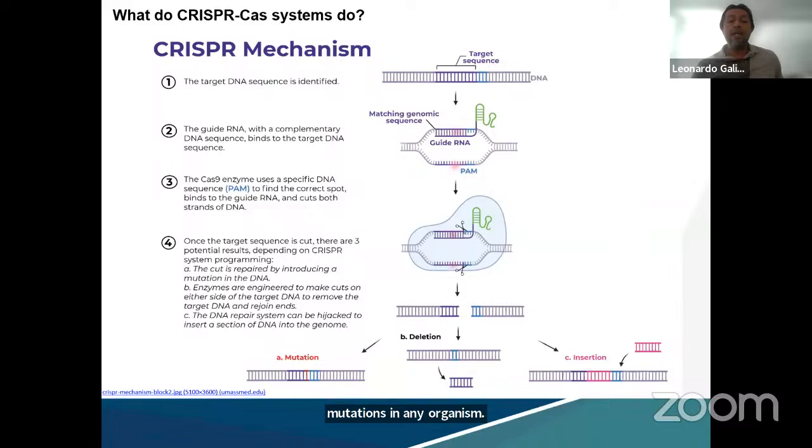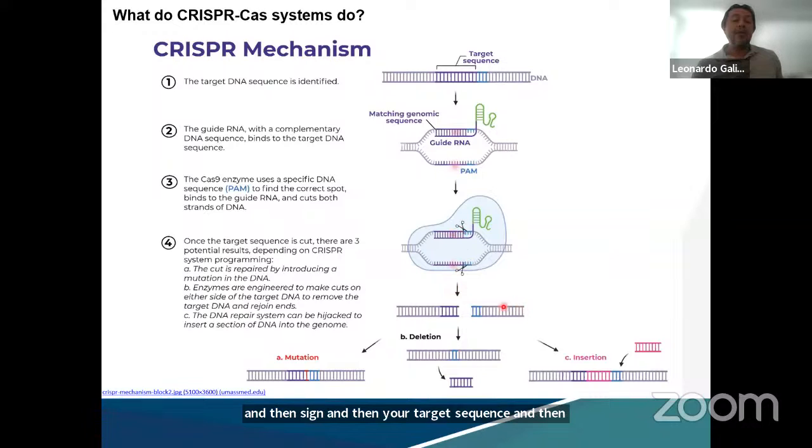So the way CRISPR-Cas systems work is by generating a complex between something that's called a guide RNA, a molecule that you usually design. It's a single strand RNA that will be complementary to a region in the DNA that you want to mutate. So the complex is created between the single guide RNA, an enzyme, and then your target sequence. And then molecular scissors will cut both strands of the DNA.